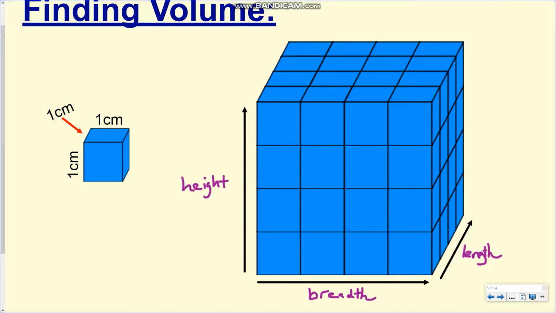So now there are 3 different directions that we are pulling in for our 3D shapes in order to find the volume.